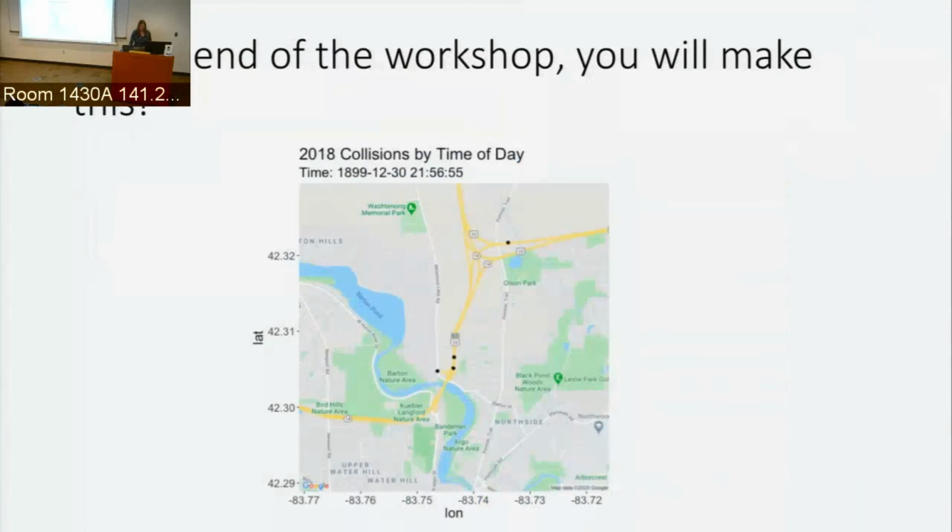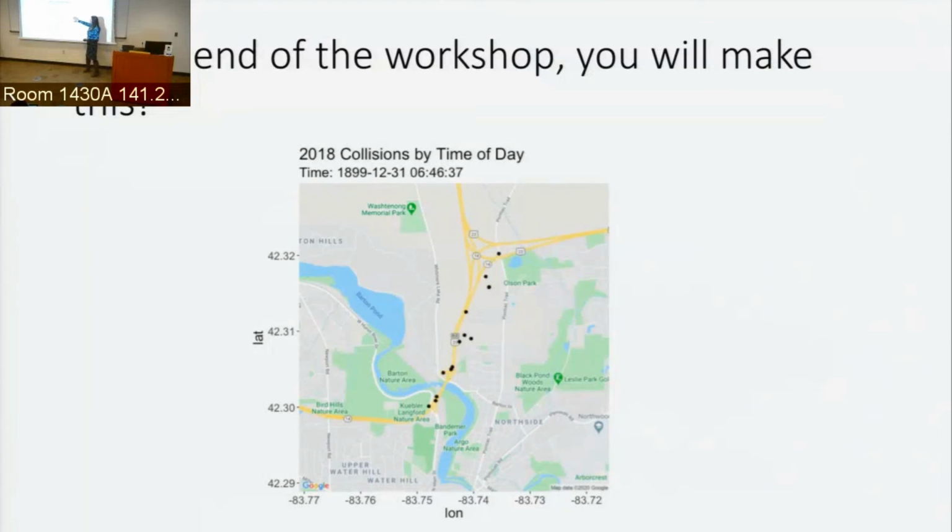So by the end of the workshop, you will be creating this version of the data, which is essentially using ggmap to give you the Google map here of the same stretch, so M14 up through 23. Each black dot here is one of those separate collisions, like those red markers that we got from the previous map.